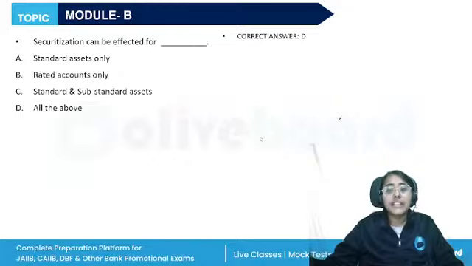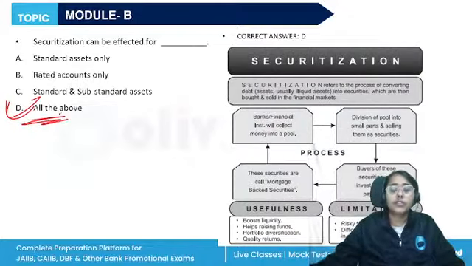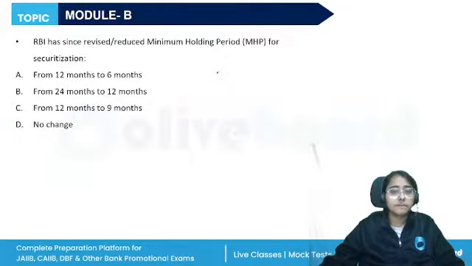The on balance sheet standard assets except revolving credit facilities like cash credit accounts or the credit card receivables, or assets which are purchased from other entities, or securitization exposures and loans that have bullet repayment of both principal and interest. So except these, all the assets can be brought under the securitization process. So here we have given the securitization process as well.